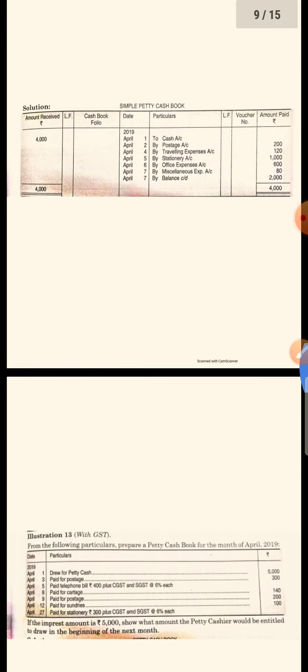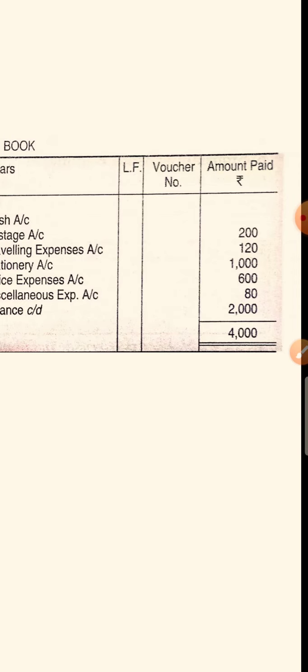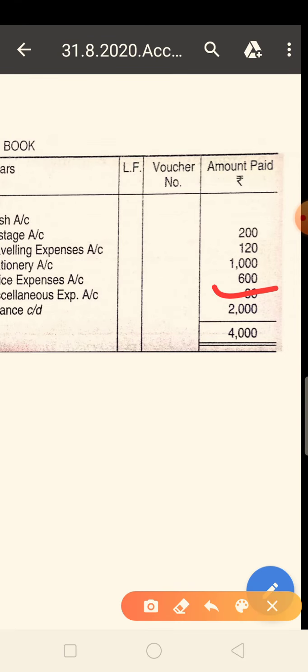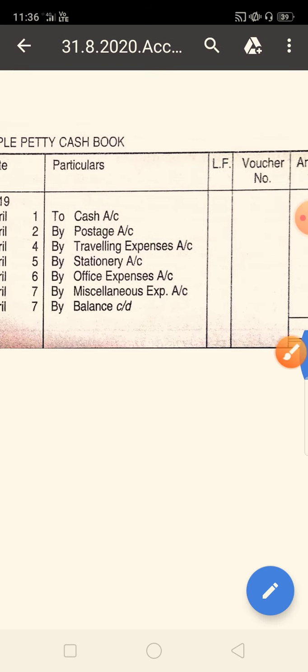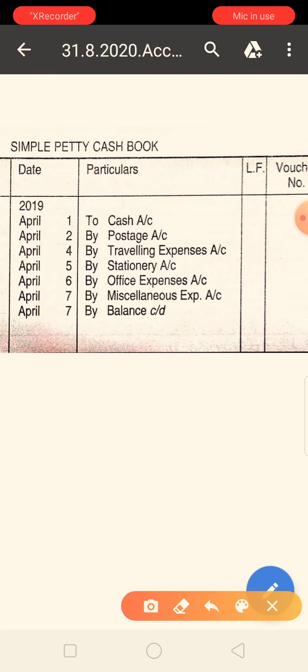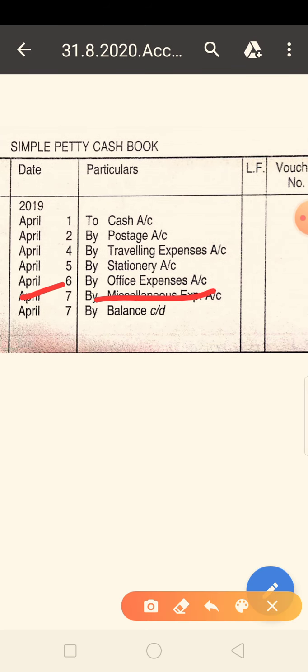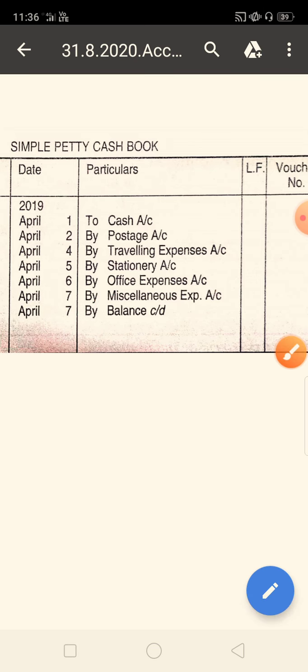My dear student, now I will come here, and first of all you will check the amount, this 80 rupees I have written here. And now April 7th miscellaneous expenses, because you can write cleaner expenses, otherwise miscellaneous expenses means all types of expenses, जो भी आपको छोटे मोटे खर्चे लगते हैं वो miscellaneous expenses में आप include कर सकते हैं, my dear student.